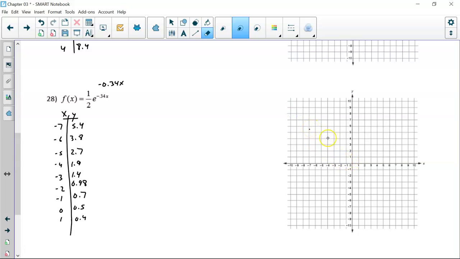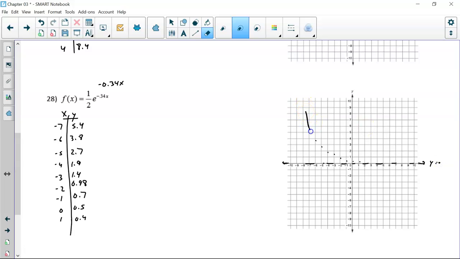Oh, my values are off a little bit. Give me 1 second to fix. And the horizontal asymptote didn't move. It's still at y equals 0.